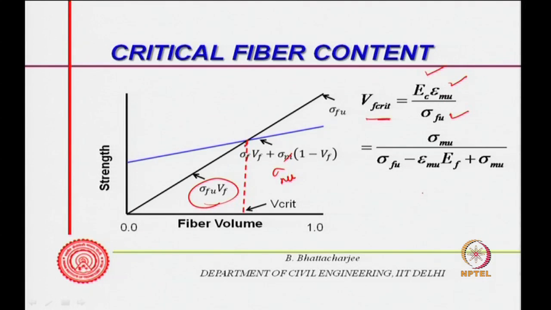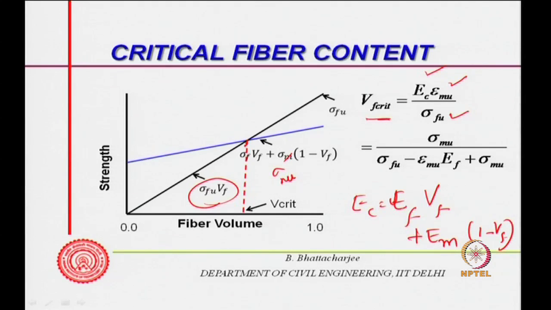Now, E c times epsilon mu can be written as follows. E c is nothing but E of the fiber into V f plus E of the matrix into 1 minus V f.